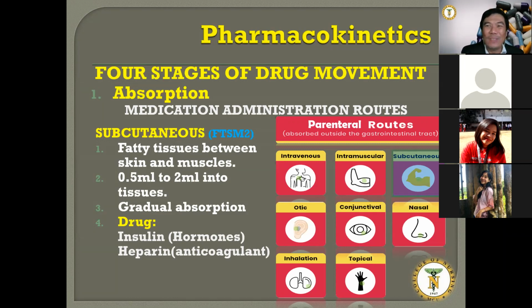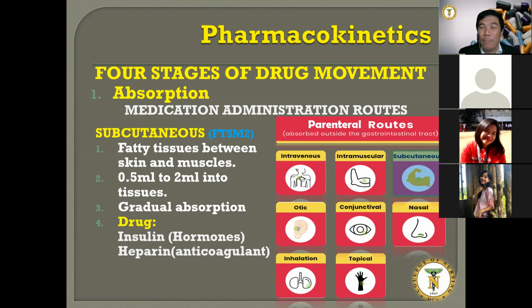Okay, let us continue. So we have FTSM2. Subcutaneous is obviously the fatty tissues, SM being between the skin and muscle. FTSM is administered on the fatty tissues between skin and muscles, and that's why I indicated 2.